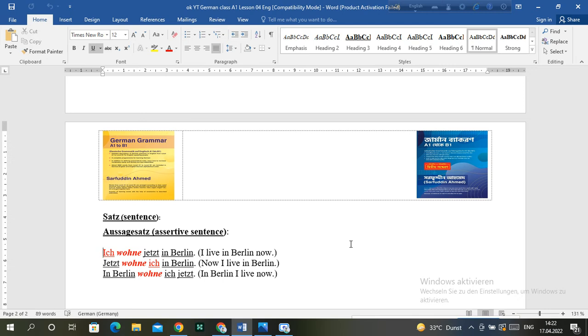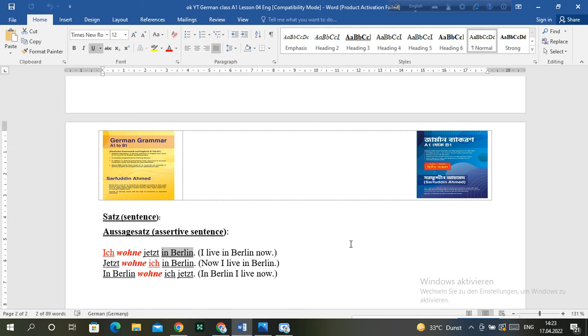If we have a close look at the sentences, then we can see the parts of a sentence. A part can consist of a single word, as for example, ich or jetzt, or a part can also have more than one word, as for example, in Berlin.